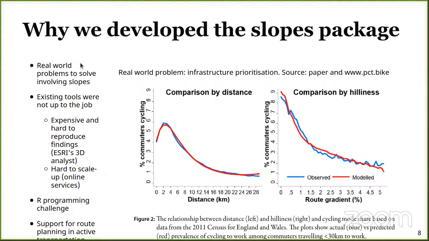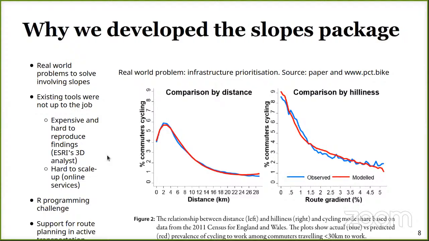So that's a kind of real world need. And Rosa has been using Esri's 3D Analyst. So that gives you estimates of slopes, but it's not easy to reproduce. Most people don't have an Esri license, and it's hard to scale this up to national level analyses, especially if you're using their cloud-based providers where you have to pay per use.